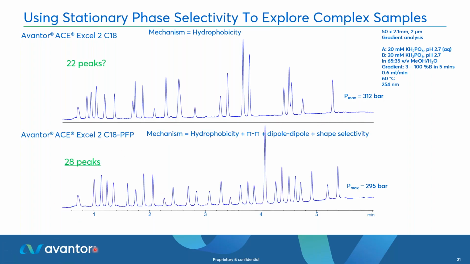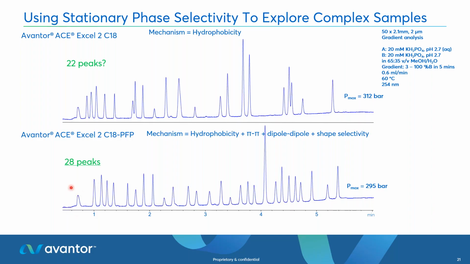C18 PFP found another 6 peaks hiding in there. Just really does show you the power of selectivity with those unknown samples. You should really exploit different mechanisms of interaction when you've got more complex mixtures and unknown samples.